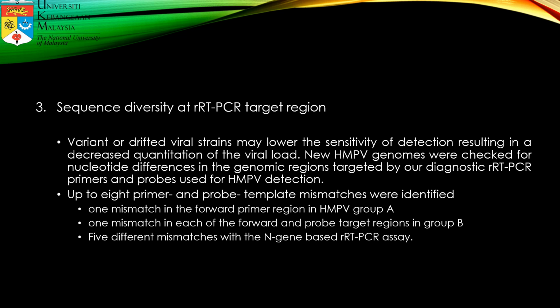A primer and probe template mismatch was identified: one mismatch in the forward region in HMPV group A, and one mismatch in the forward and probe target from group B, and 5 different mismatches with the N gene based reverse real-time PCR assay.